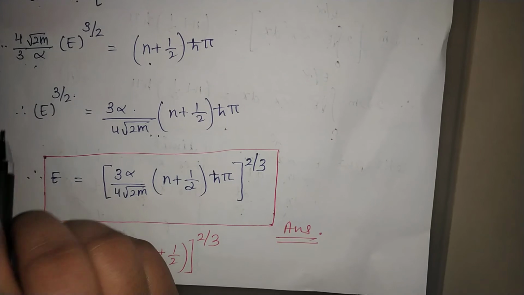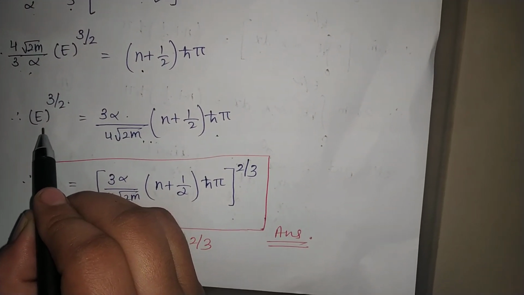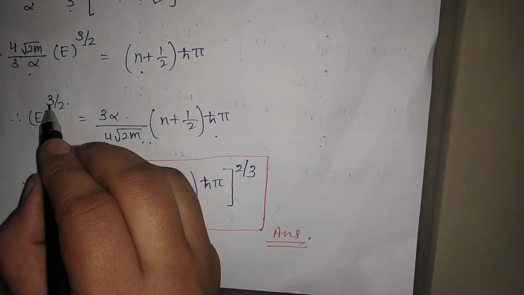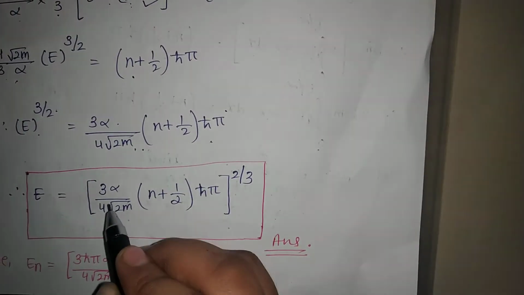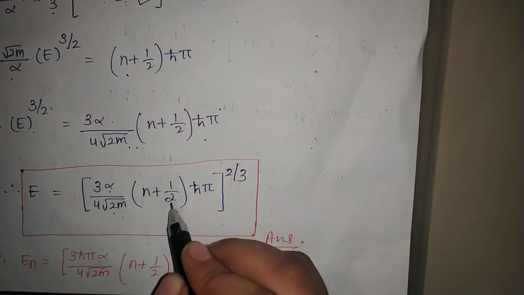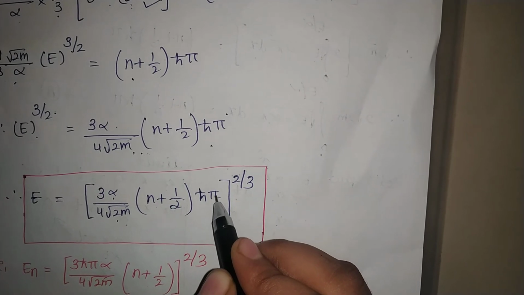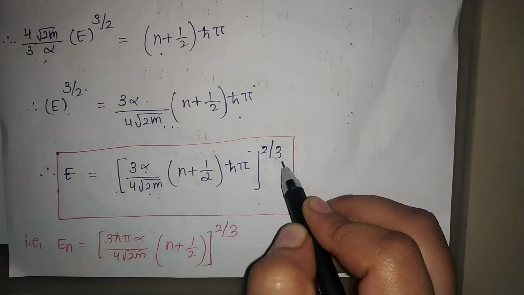Clear? But we want the value of energy, that is E. So what we can do is remove this 3 by 2 from here, so we get 2 by 3. Clear? So we can write 3 alpha upon 4 root 2m of n plus half h cross pi, whole bracket raised to 2 by 3. This we will get.